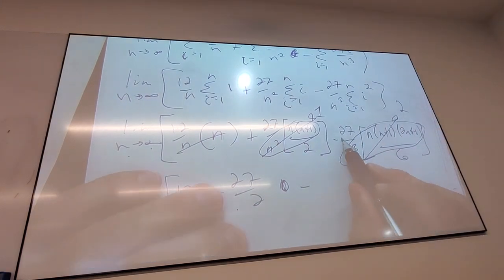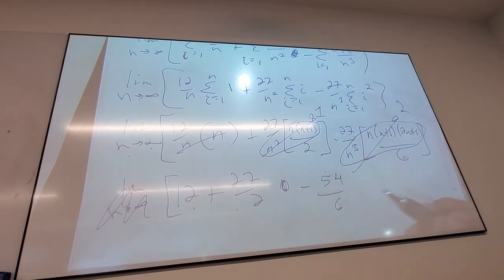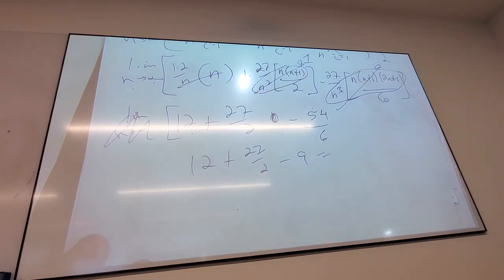So then what do I get here? 54 over 6, which is? So then I get whatever that is. 33 times?